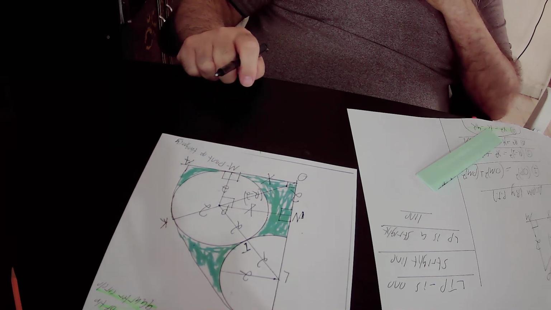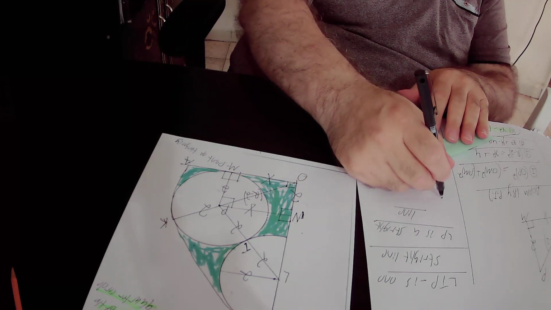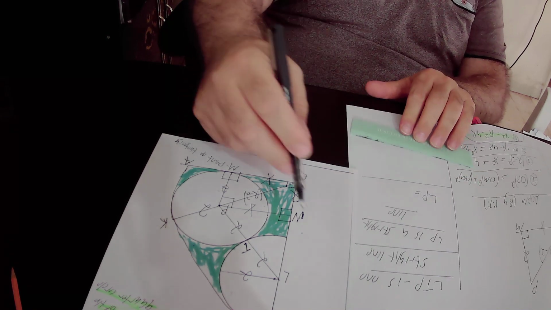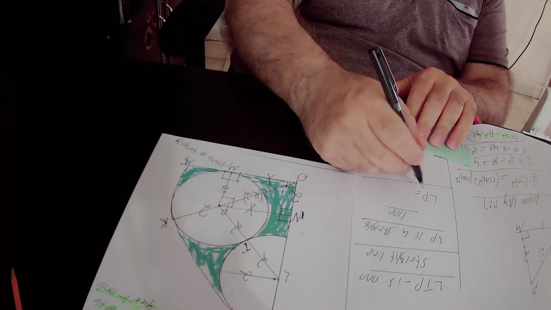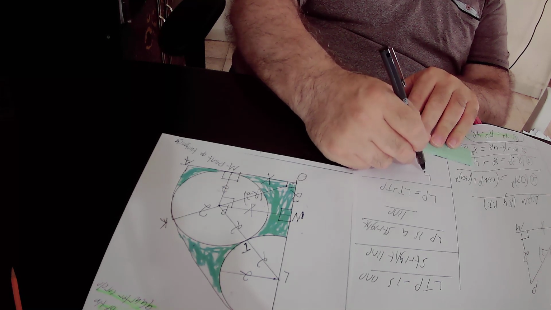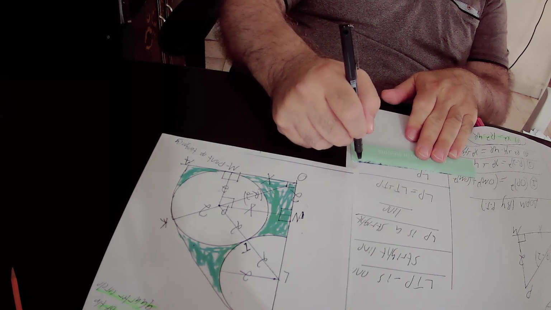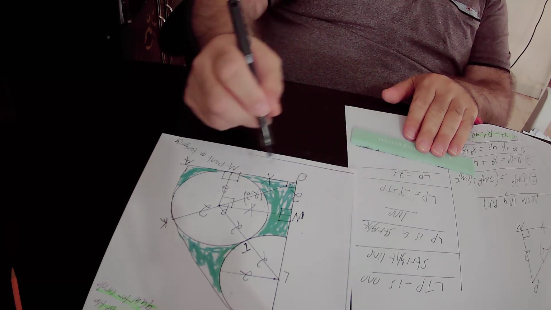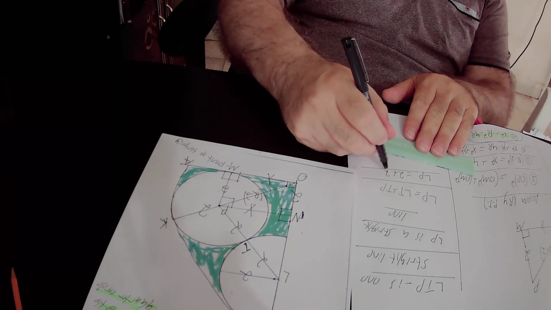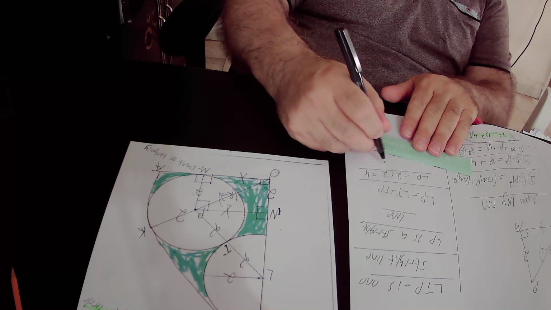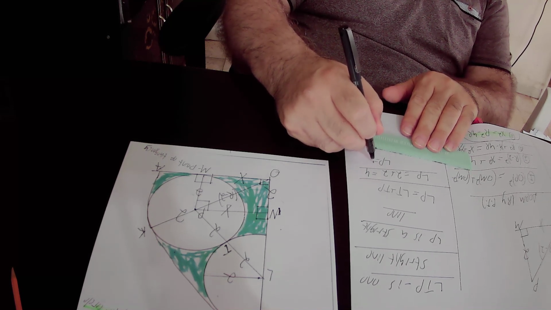So the length of the straight line LP equals LT plus TP. So the length of LP equals LT, that is 2 units, plus TP, that is also 2 units. So in conclusion, we found out that LP equals 2 plus 2, that is 4. LP equals 4 units.